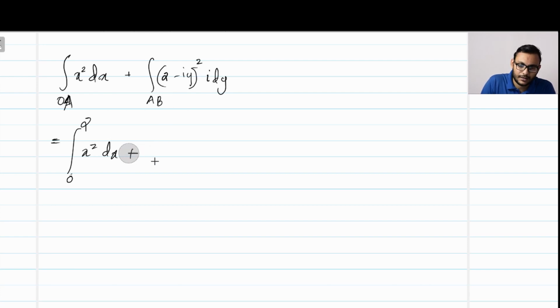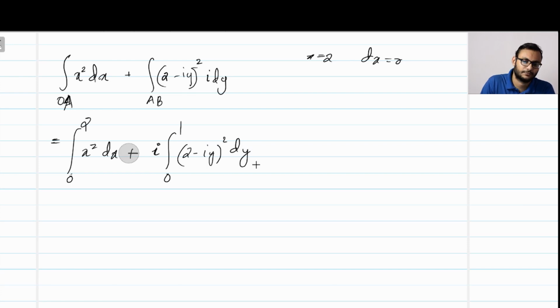Then i can be taken out and we take the limit from 0 to 1. Remember, we are considering only the y terms because x is constant 2, so dx is equal to 0. So this is given by (2 minus iy) the whole square dy.